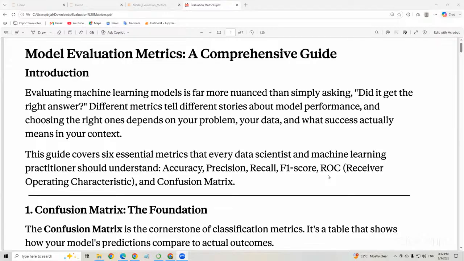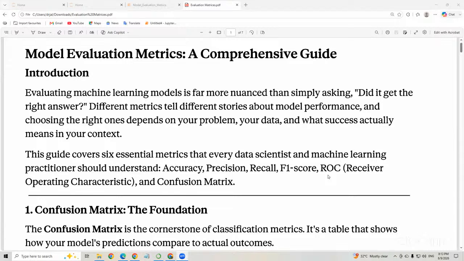We cannot always answer this question simply by looking at accuracy. Different applications have different requirements. In healthcare, for example, missing a disease case may be much more serious than generating a false alarm.